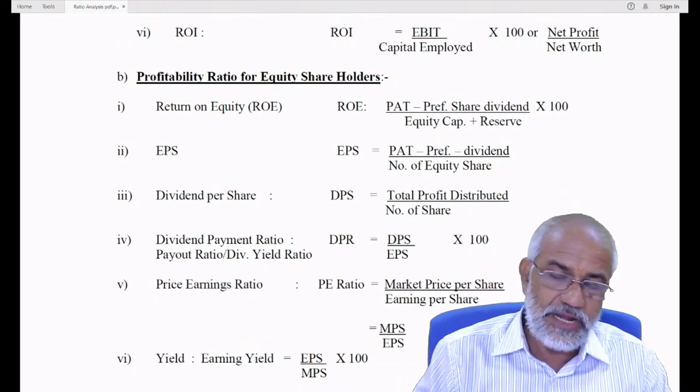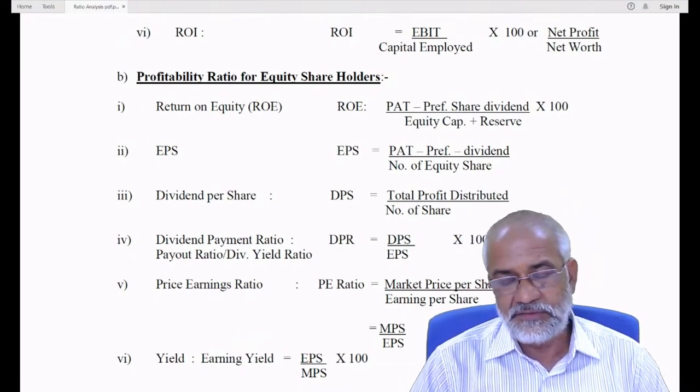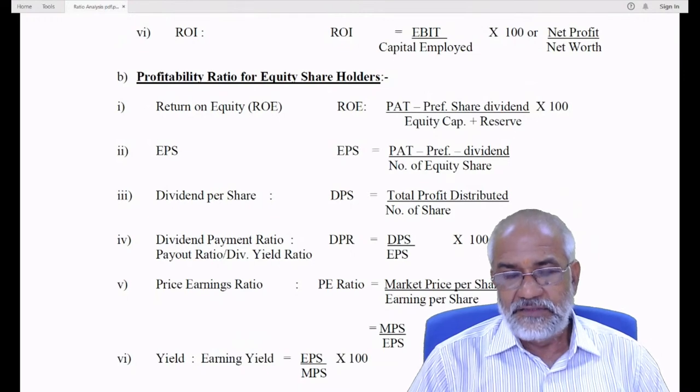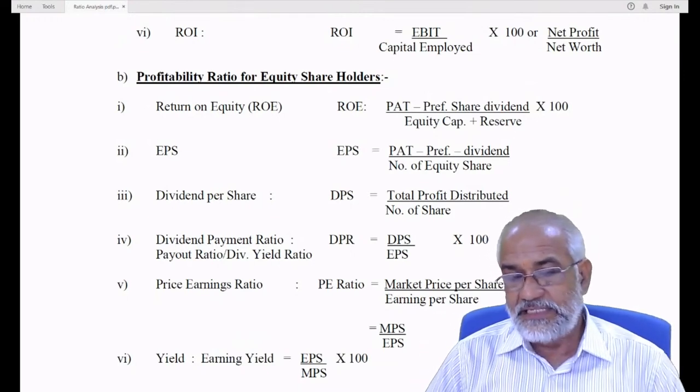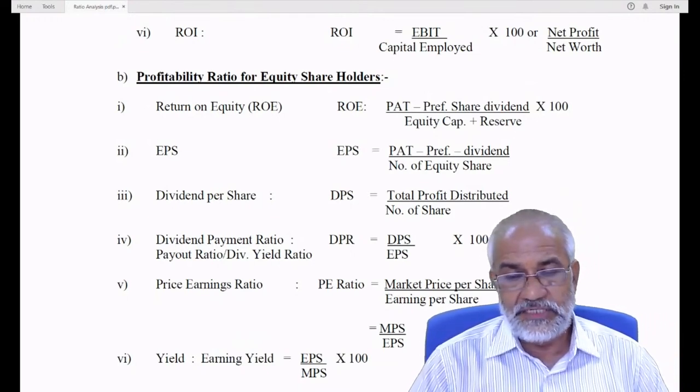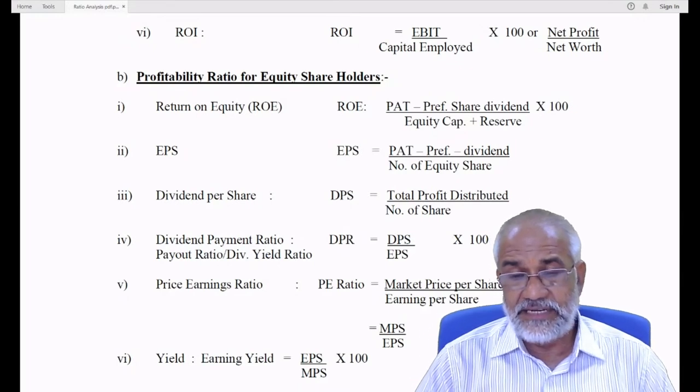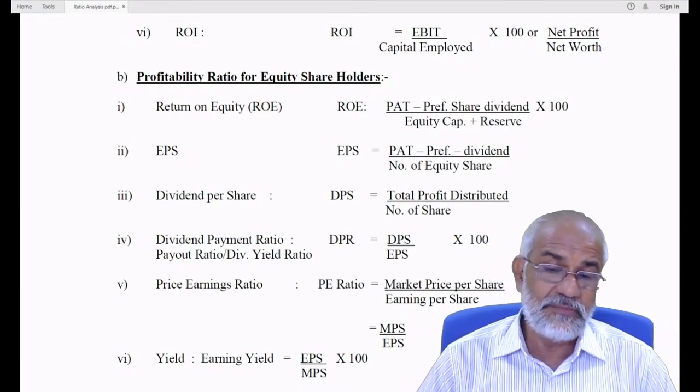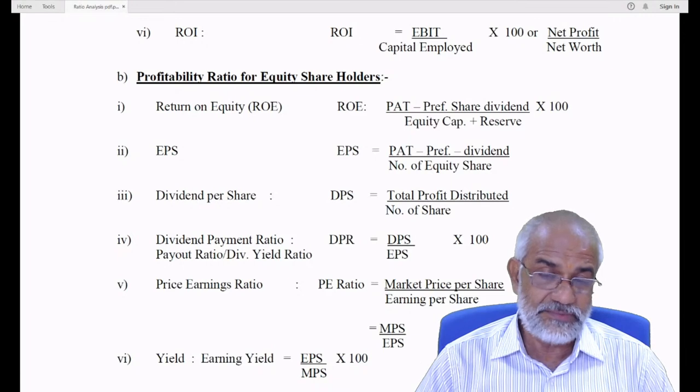This is important for investors, whether the P/E ratio is in an increasing or decreasing trend, so that they can make a decision about their future investment in the company.